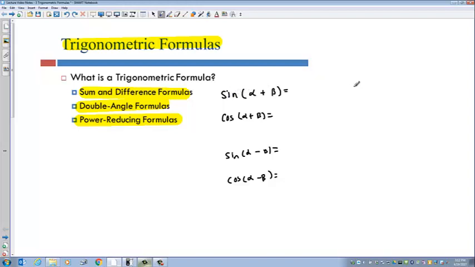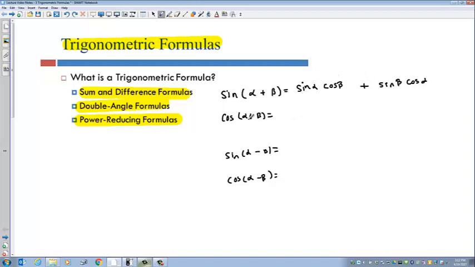So you're going to have a plus in the middle here. It's going to go sine alpha and then cosine beta, and then this will be sine beta cosine alpha. So for the sine, you have the same sign, but something's opposite, which is a sine cosine.